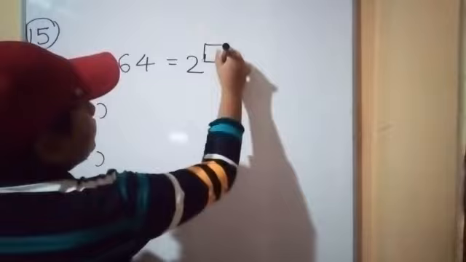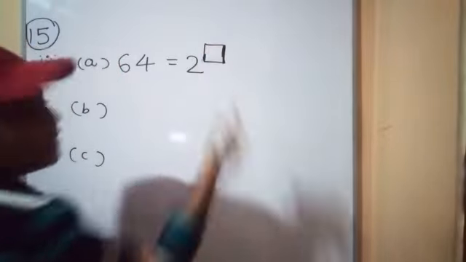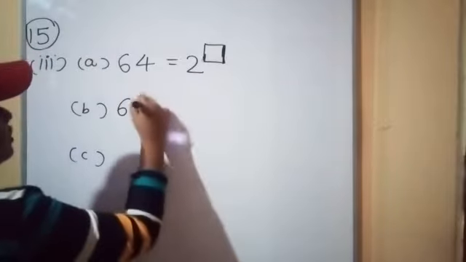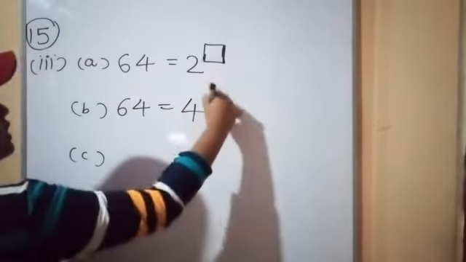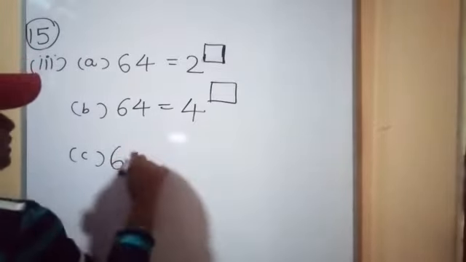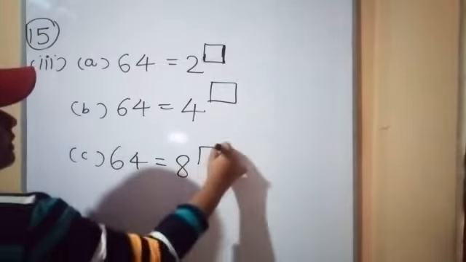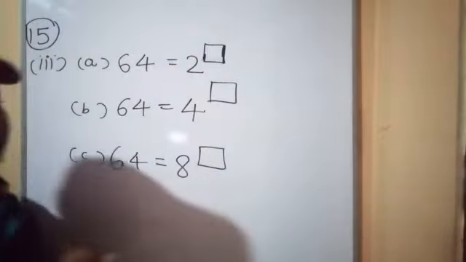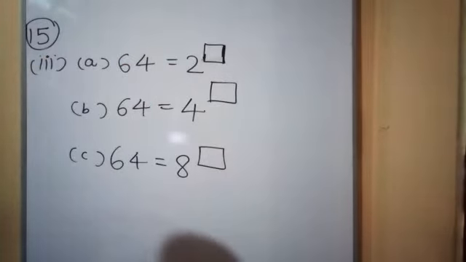Next, 64 means 4 to the something, and again 64 means 8 to the something. Okay, let's find. Both you want to divide from these.